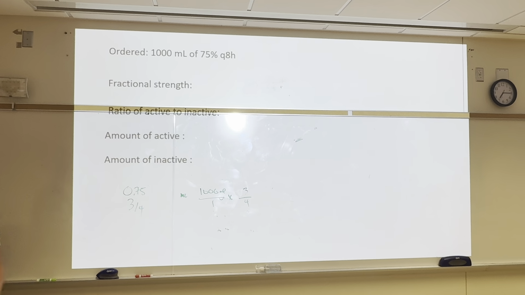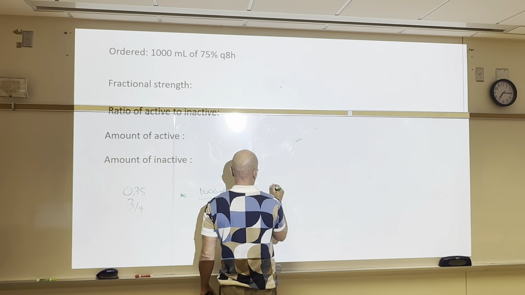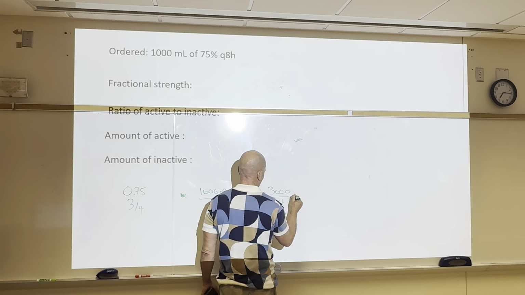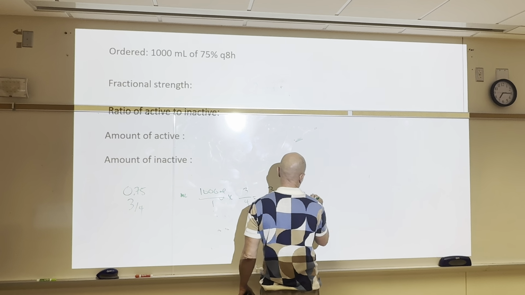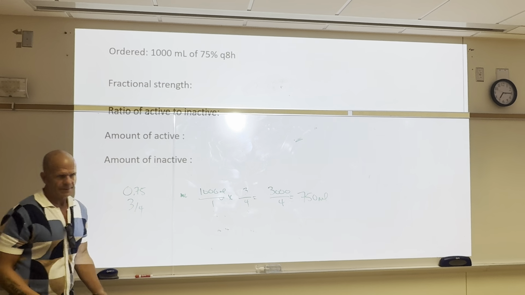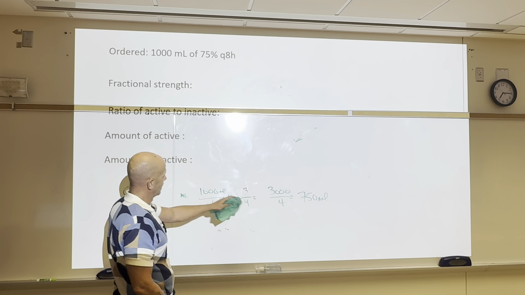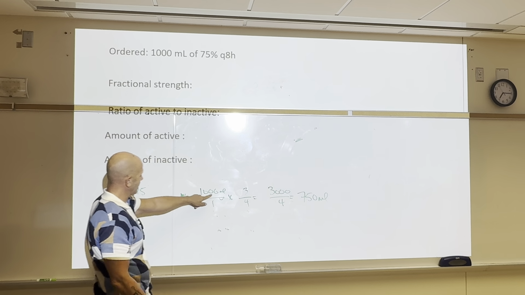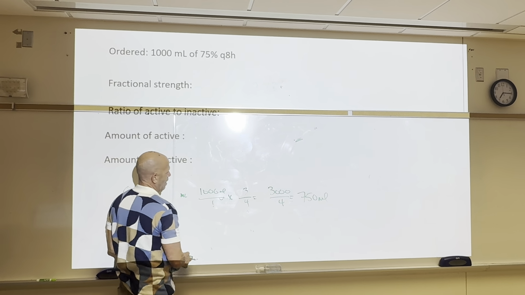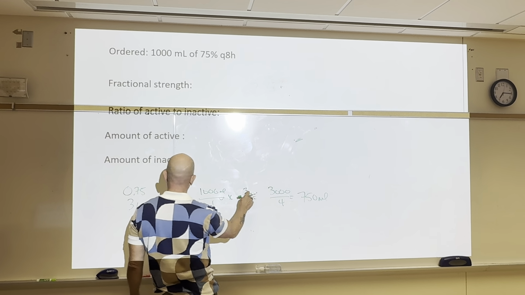What do we get? 3,000 divided by 4 is what? 750 mLs. All right, there's your total mLs, 750, okay? Because the 1,000 mLs up there is over 1, but we've got 3/4, so we bring 3/4 over here.